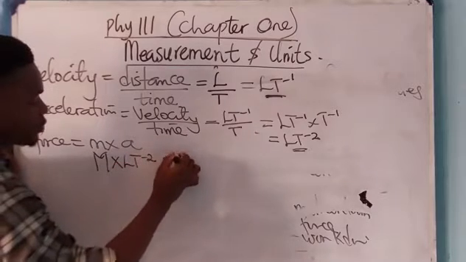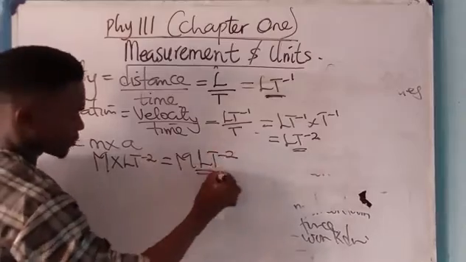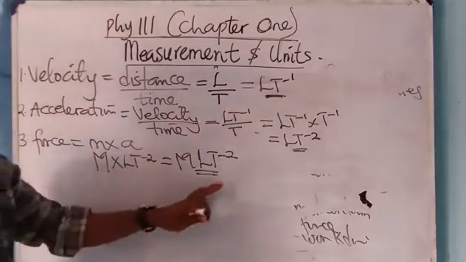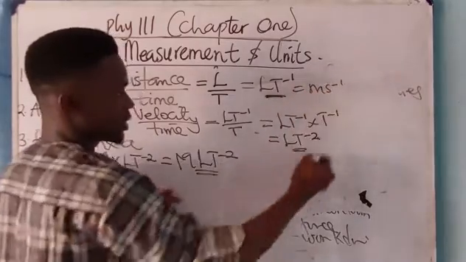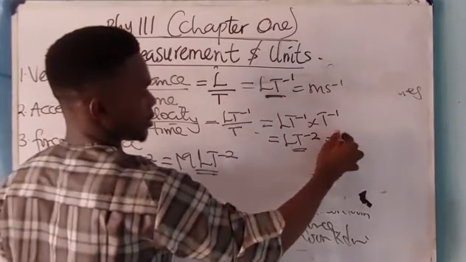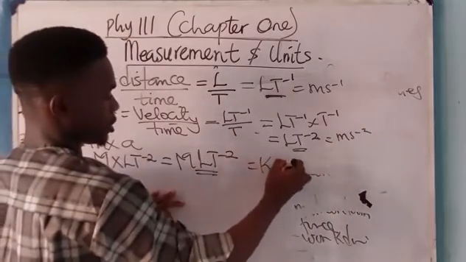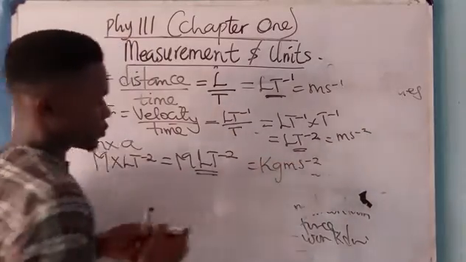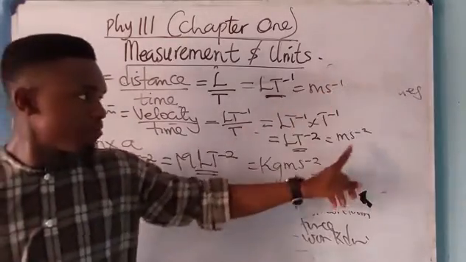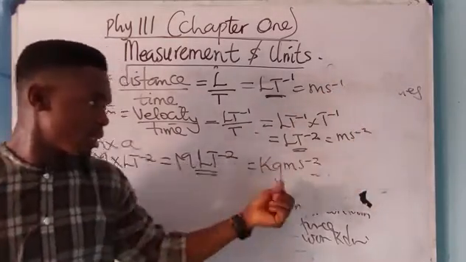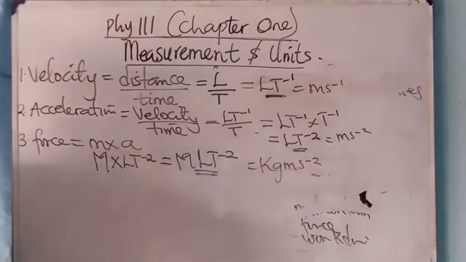It therefore means that it's M L T minus 2. In this dimension, but in units it becomes kg meter per second squared. If you want to say this, you say kilogram meter per second squared.